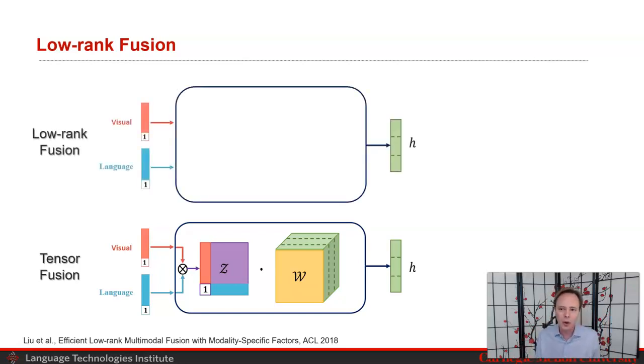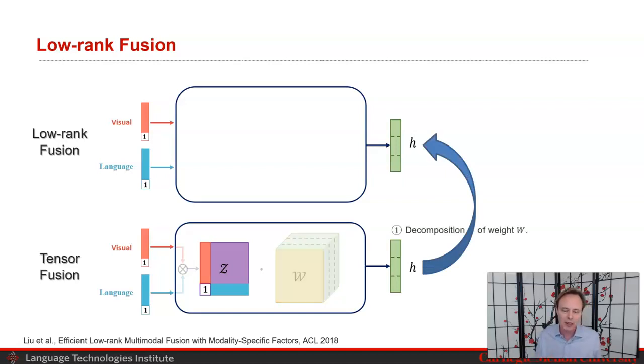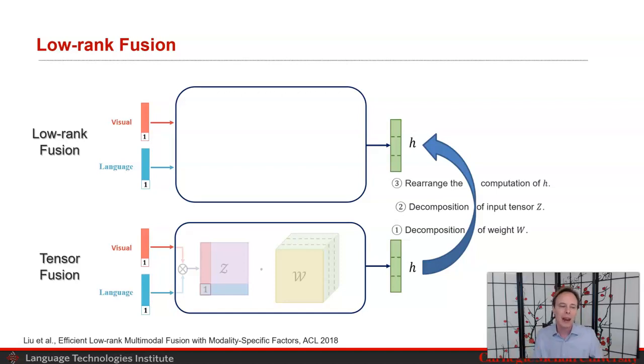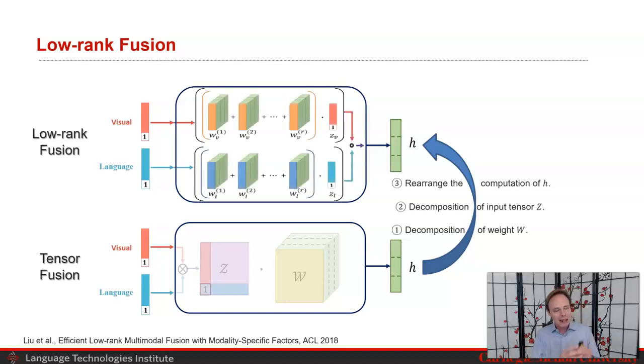So the goal of low rank fusion will be to simplify this, and simplify three ways. First, decompose the weights, and decompose the input tensor, and finally rearrange them in a way that it becomes linear with the number of modalities, and not just that big one. Let's show this visually.